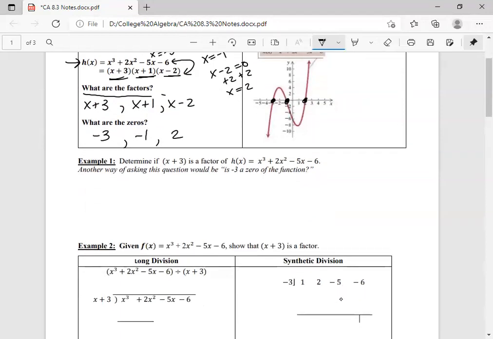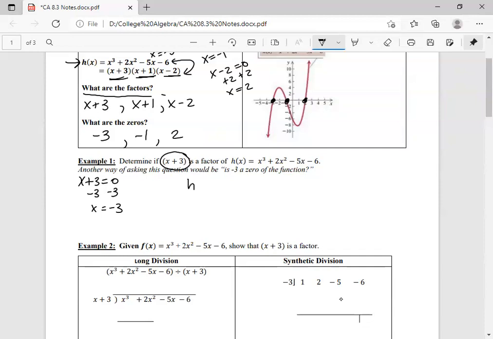Now, example 1 says, determine if x plus 3 is a factor of h of x equals x to the third plus 2x squared minus 5x minus 6. So in 8.1 and 8.2, both of those lessons, we talked about, well, when you solve x plus 3 equals 0, you would subtract 3 and you would get x is -3.